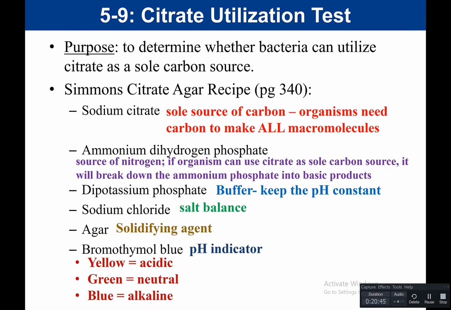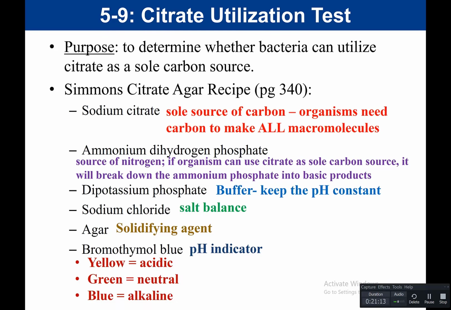Then we have the ammonium dihydrogen phosphate. You'll notice on the next slide, I abbreviate or condense it. Ammonium phosphate is fine. You don't have to remember the dihydrogen part. The ammonium phosphate is there because it is the source of nitrogen. And so if the bacteria can utilize the citrate as the carbon source, they will also need a source of nitrogen.